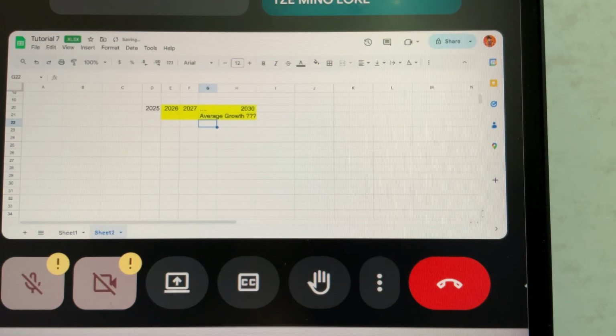What we want is to find the average growth for this period.